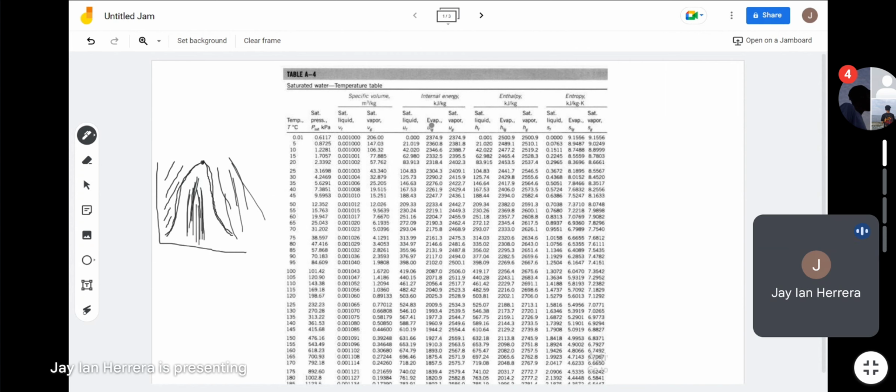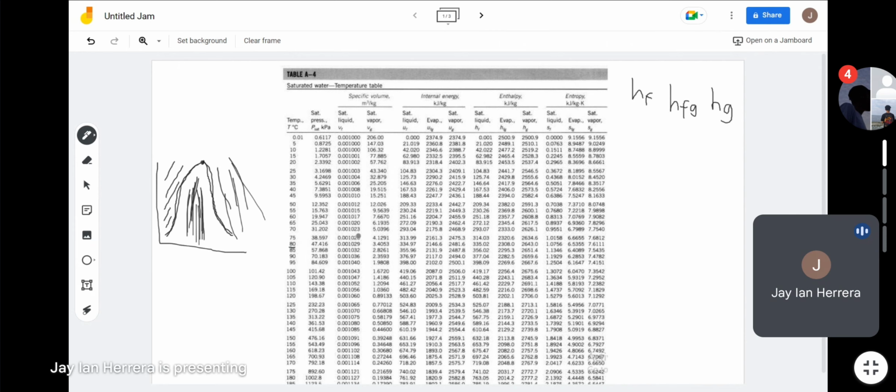And so ito din, internal energy, enthalpy, and entropy. So meron ding tatlong sub-column under these columns. So for example, dito sa enthalpy, merong hf, hfg, then hg. Ibig sabihin yan, under hf, ito yung enthalpies at saturated temperature, let's say for example 80.